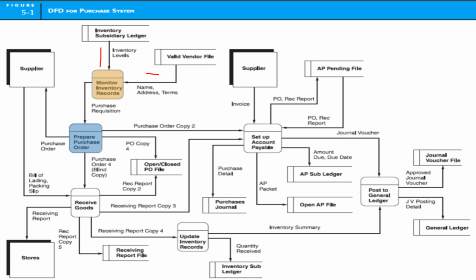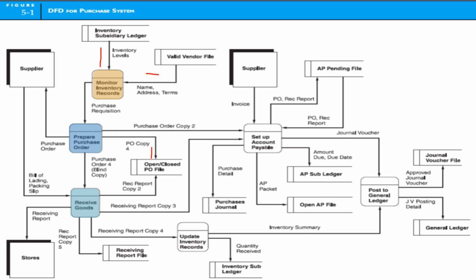We will prepare the purchase order in several copies. One copy will go to the open and closed purchase order file, and one copy will go to receiving goods, and when we receive the goods we will compare the items received with the blind copy. Blind copy means a copy that has no quantity of the items.